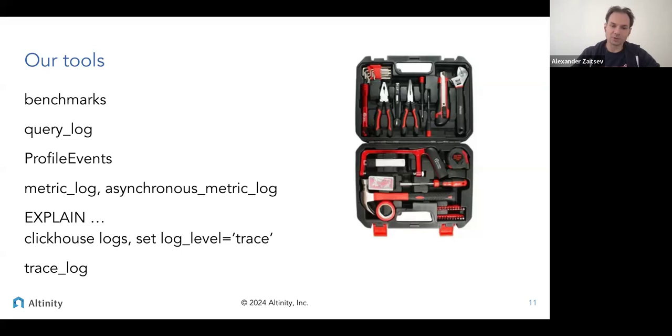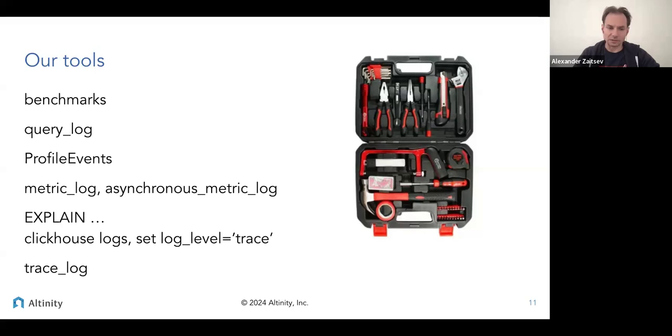You can also enable logging in ClickHouse client using the command set log level trace, and that will print you the log for any query that you are executing using ClickHouse client. This is also a very convenient tool for query performance analysis.